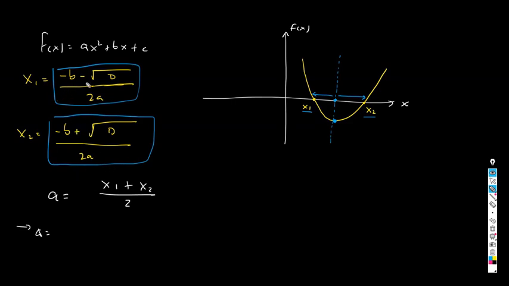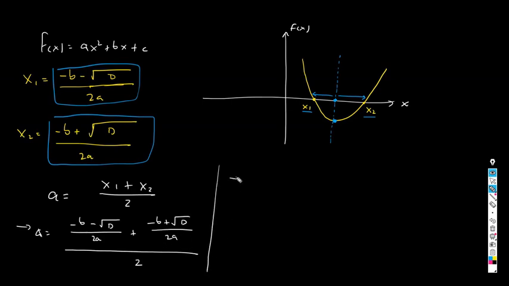So x1 will be all of this, minus b minus the square root of the discriminant over 2a, plus x2, which is all of this, minus b plus the square root of the discriminant over 2a, and all of this over 2. Okay, now let's continue.